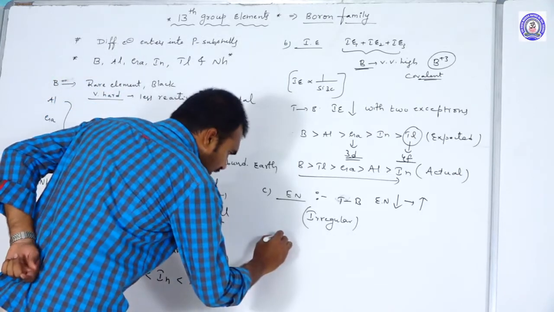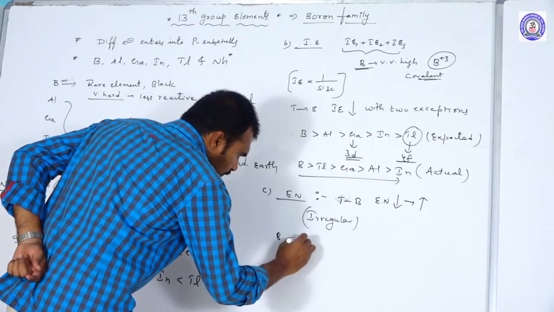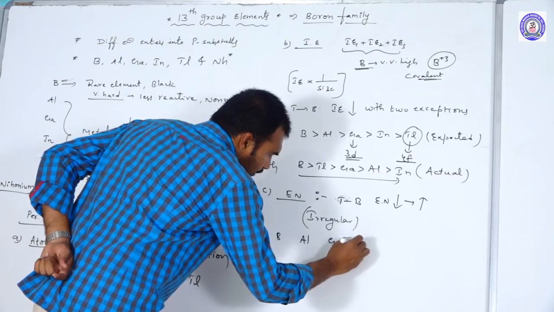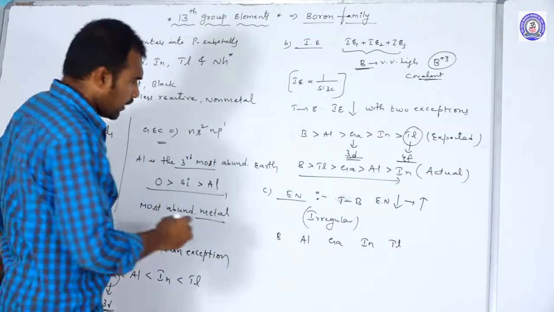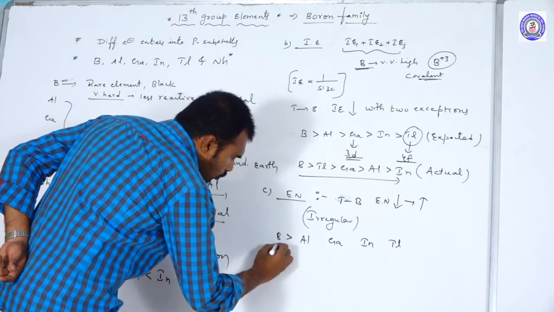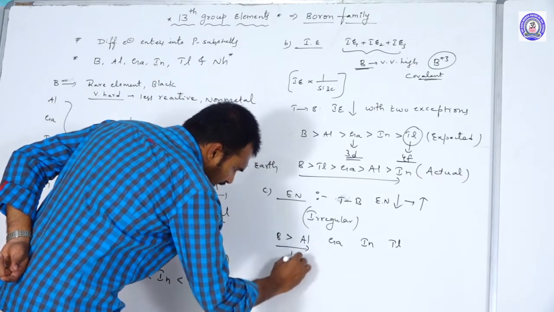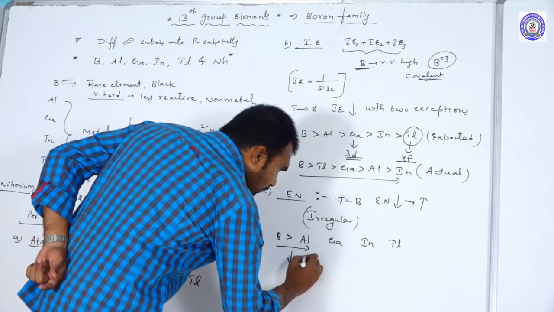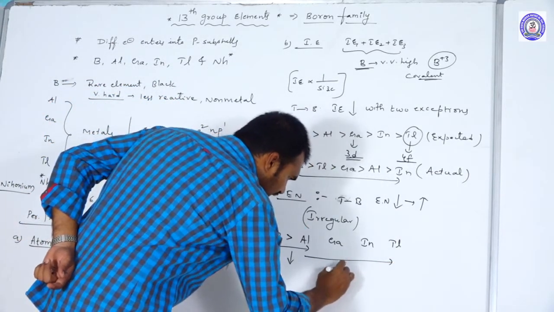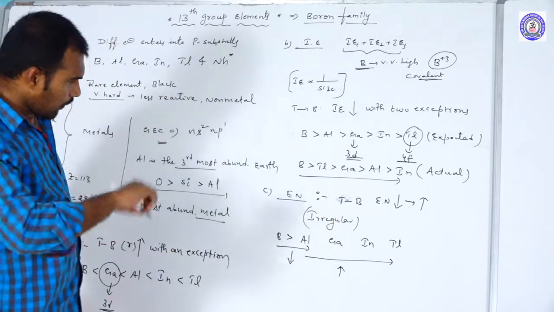If you take boron, aluminium, gallium, indium, thallium, from boron to aluminium it decreases, whereas from aluminium to thallium it increases.